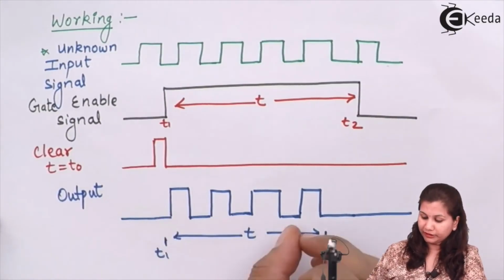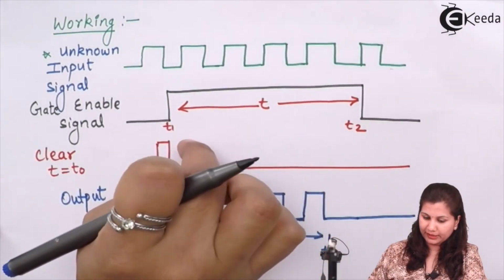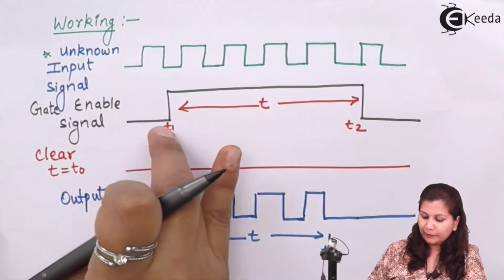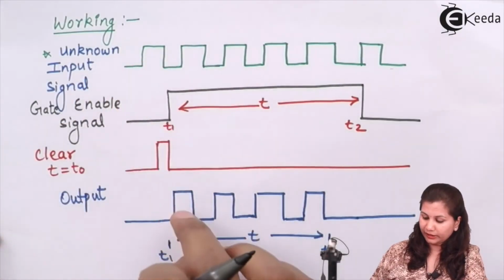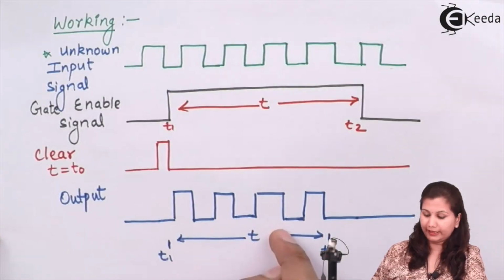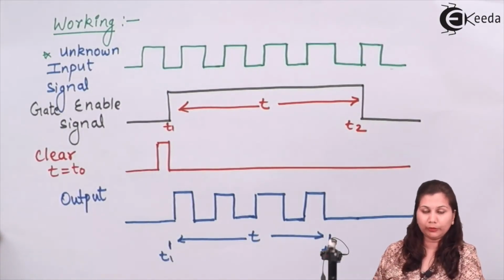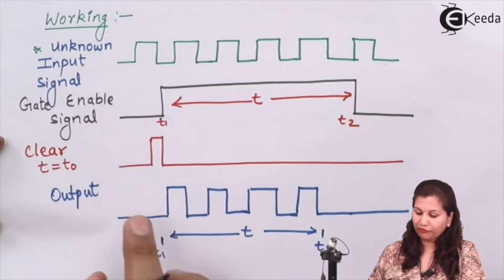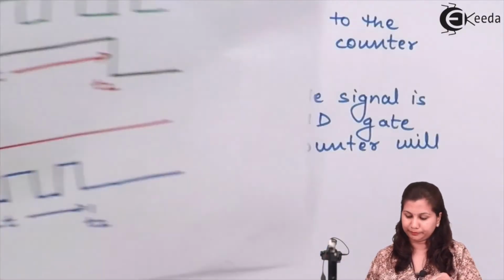But after T1, between this time interval T2 minus T1, as the gate enable signal goes from low to high, the counter will start counting. The output of the AND gate will change according to the input.